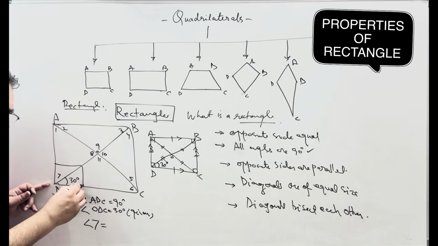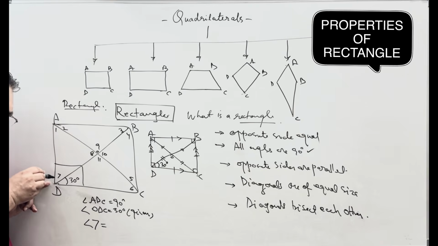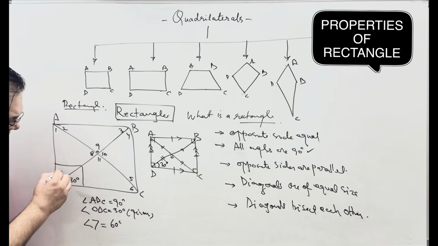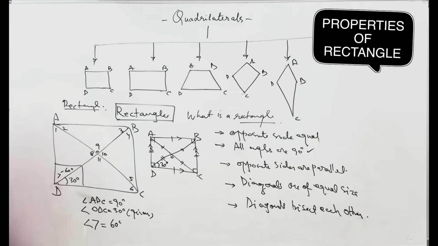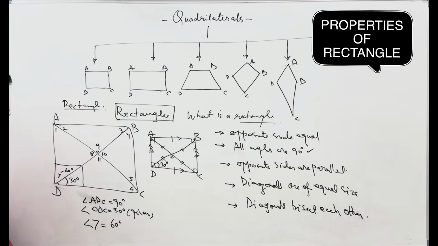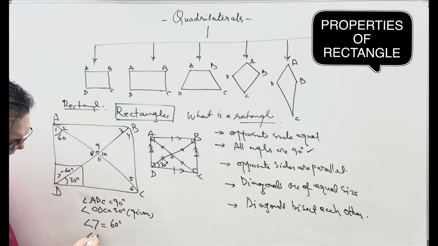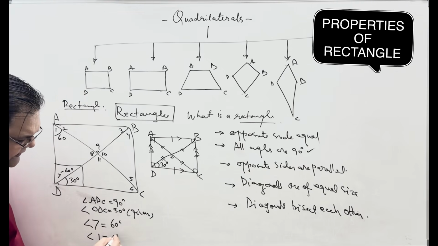Total is 90; if you minus 30, you get angle 7, so it will be 60 degrees. If this is 60 degrees, this is also 60 degrees because angle 1 is equal to angle 7.